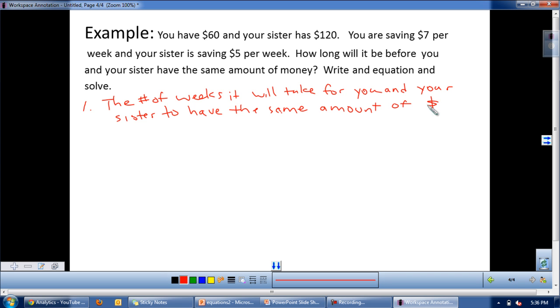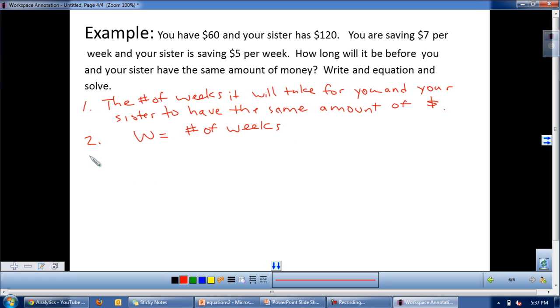And we'll use the dollar sign to represent our money. Good. That's the first thing that we need to do: identify our unknown. After that, we are going to assign our unknown a variable. Let's call it W again, and that will be the number of weeks.